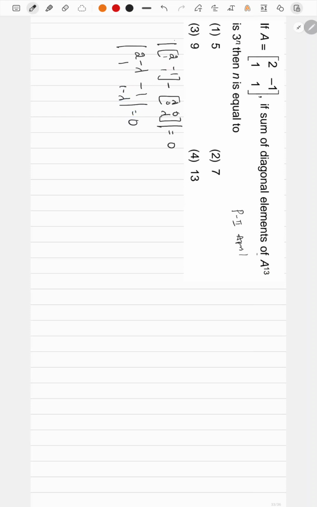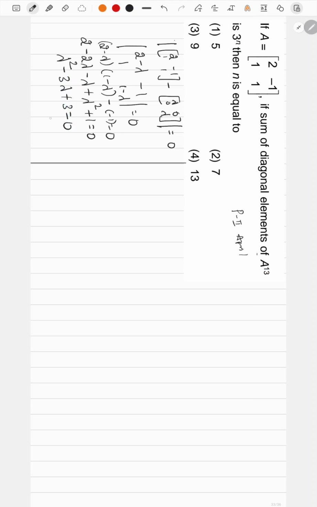That gives (2 minus lambda)(1 minus lambda) minus (-1)(1) equals 0. Then 2 minus 2 lambda minus lambda plus lambda square plus 1 is equal to 0. The final equation is lambda square minus 3 lambda plus 3 is equal to 0.